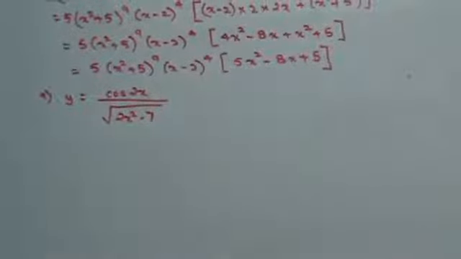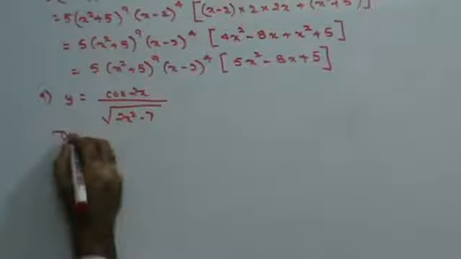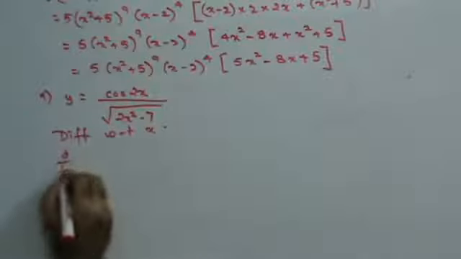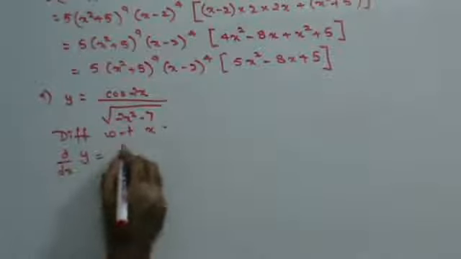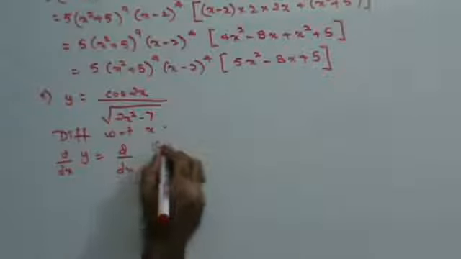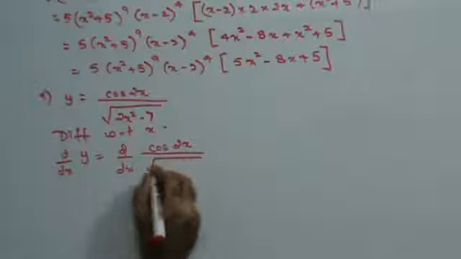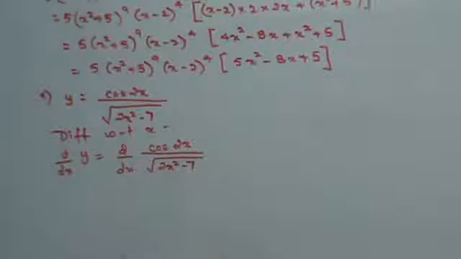You have division here, so first you will have to use the division formula. Differentiate with respect to x. d by dx of y is d by dx of cos 2x upon root of 2x square minus 7.